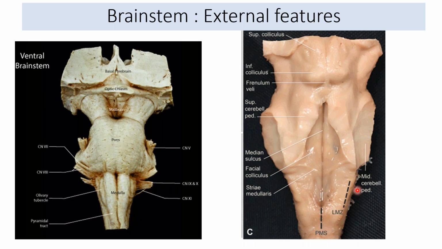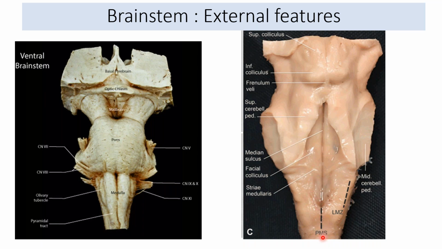The brainstem on the dorsal aspect will appear somewhat like this. Posteriorly, the pons region and the upper part of the medulla are in relation to the fourth ventricle. So this is the area of the fourth ventricle, and the lower part of the medulla will be closed.